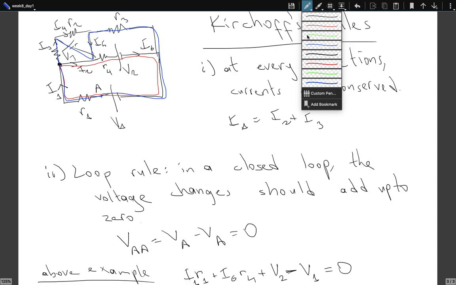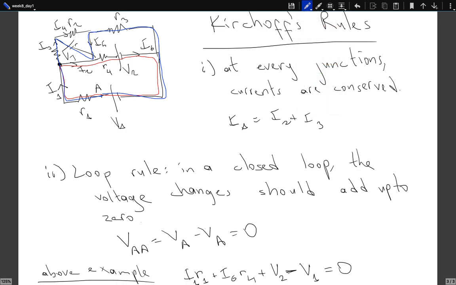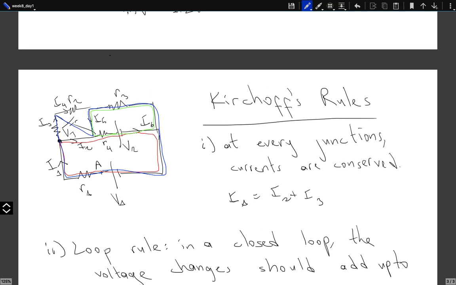Or I could have started from here, went around this loop that you don't see. I could have started from here and went around this loop. Or I could have started here, went around this loop. So all those loops will give you a different equation. Other equations will be just like this.